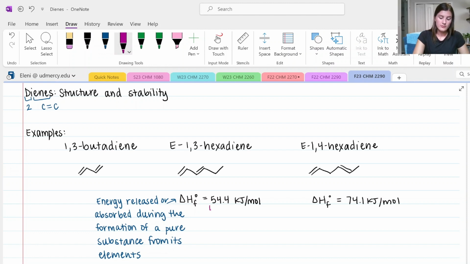And this difference tells us that the 1,3-hexadiene requires about 20 kilojoules per mole less energy to form.